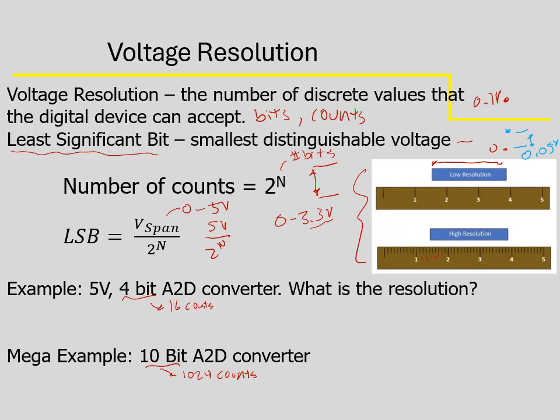So let's look at a couple of examples. If it's a 0 to 5 volt, 4-bit A to D converter, what is the resolution? Well, we can just use this LSB equation right here: voltage span over 2 to the n. So that's 5 volts divided by 16 counts, and that is 0.3125 volts.